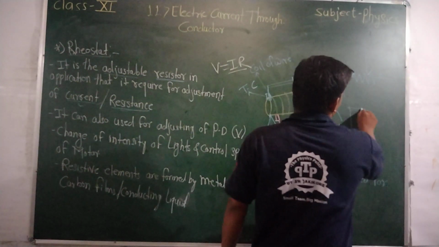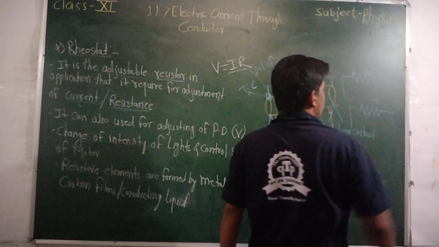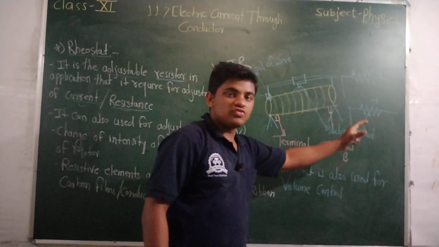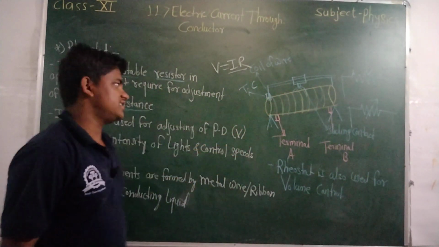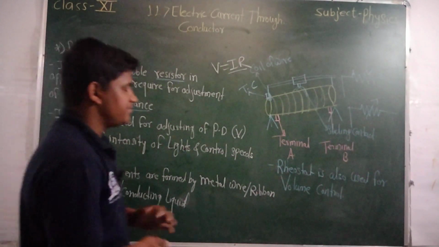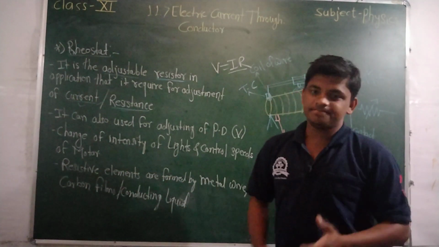Or the rheostat can be shown as a variable resistance. These are the symbols of the rheostat used in circuit diagrams. This is all about another electronic equipment, the rheostat.